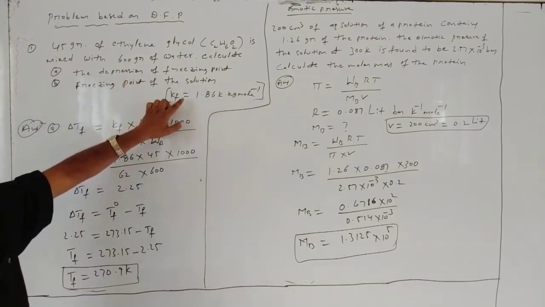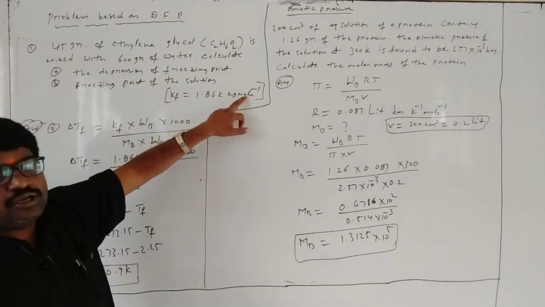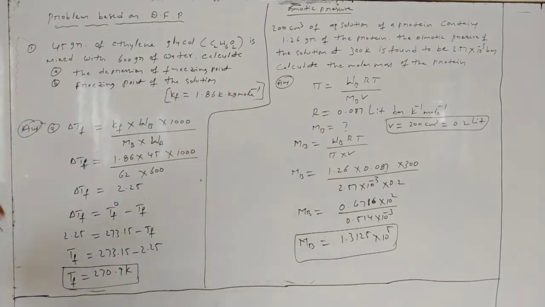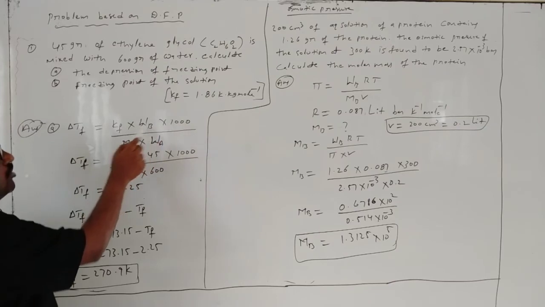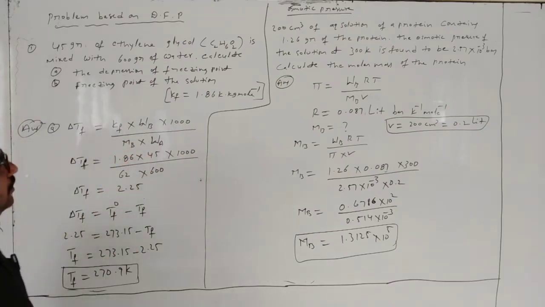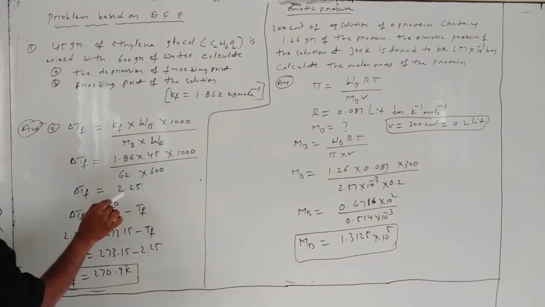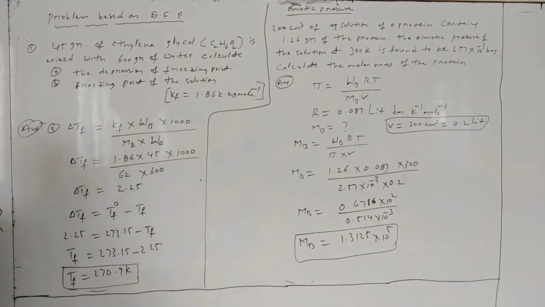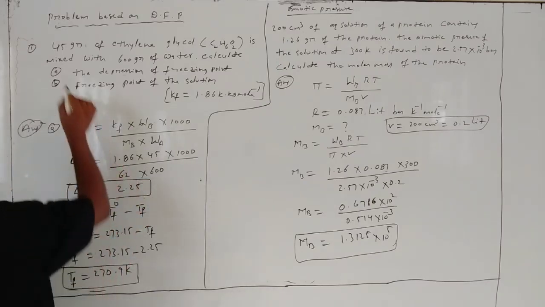Here the Kf value is given as 1.86 K kg per mole. The formula for depression of freezing point is delta Tf equals Kf into WB into 1000 by MB into WA. By substituting all values, we get delta Tf as 2.25.